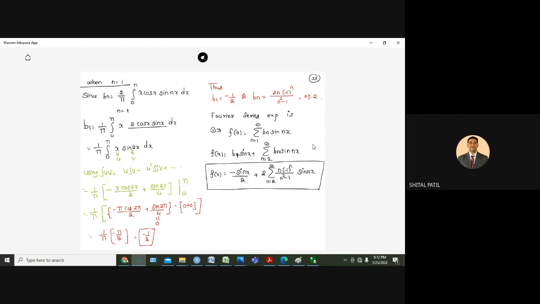This is the actual Fourier series expansion. Next, add on. Fast, complete this. Complete the example.